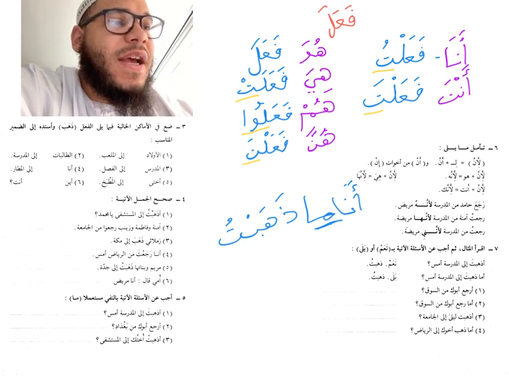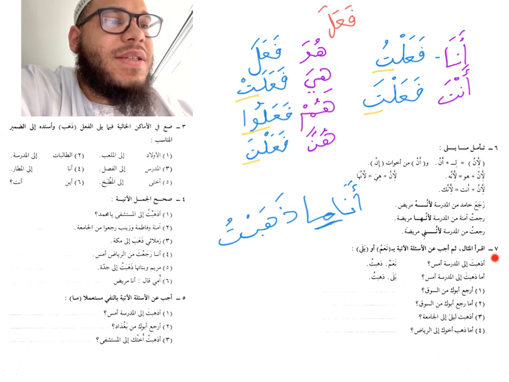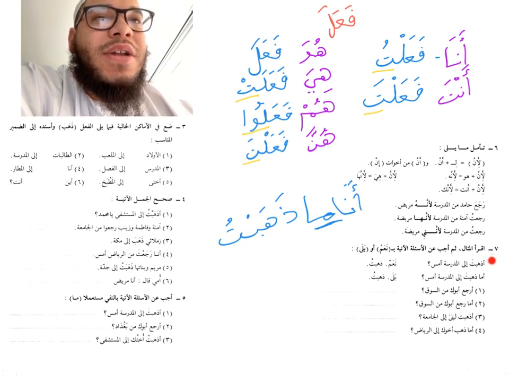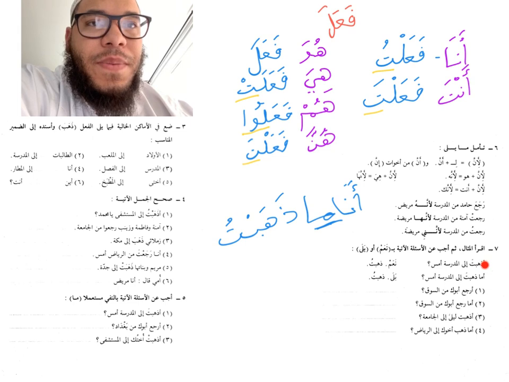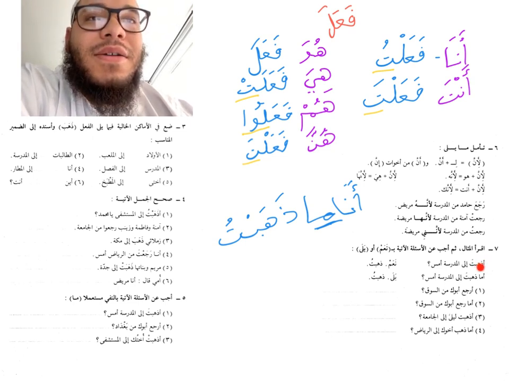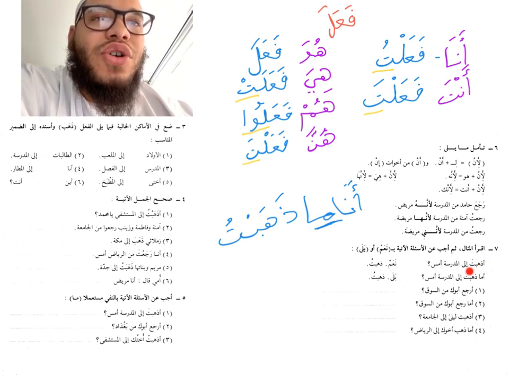Then it says اقرأ المثال ثم أجب عن الأسئلة الآتية بنعم أو بلى. So remember, I taught you أليس كذلك. When we ask أليس كذلك, that's asking a question in the negation form. If I said أما ذهبت, for example, did you not go?